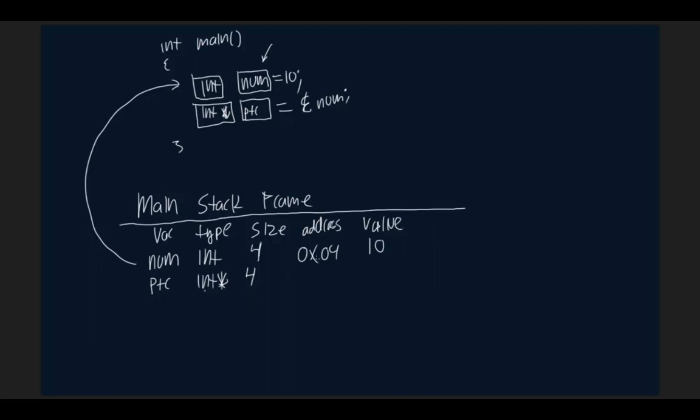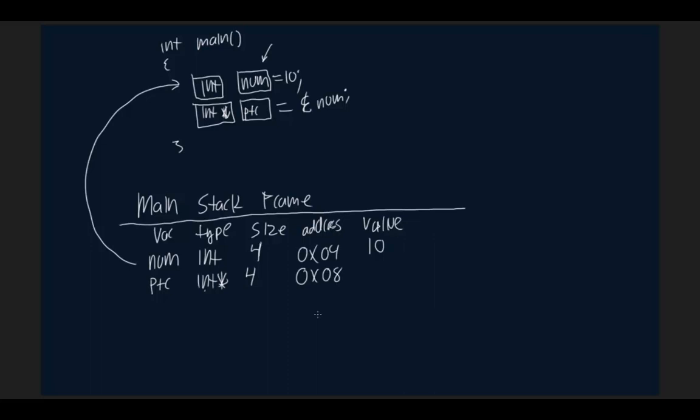Now its address. I'm going to just pretend that this pointer is snuggled right up against this num, and I'm going to give it the address of 0x08. So it appears immediately after num on the stack. But here's where things get tricky. What is the pointer's value?